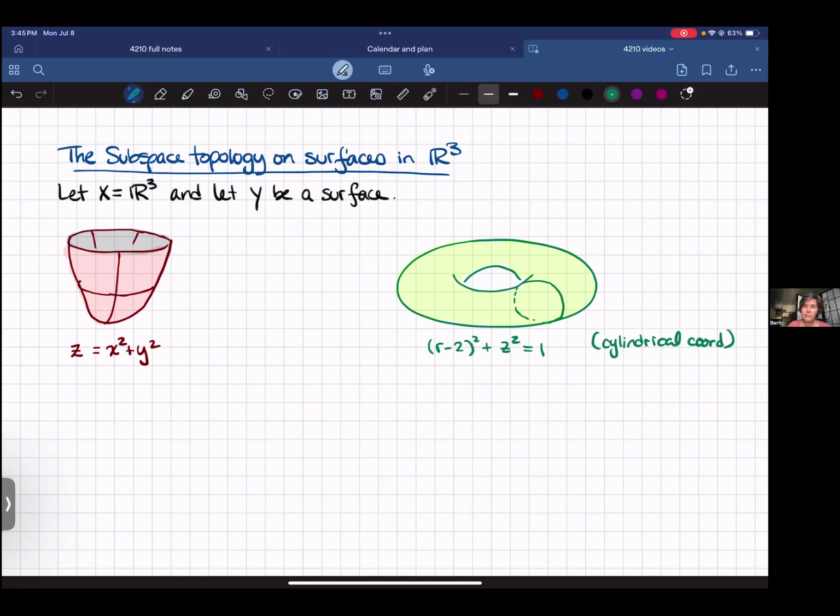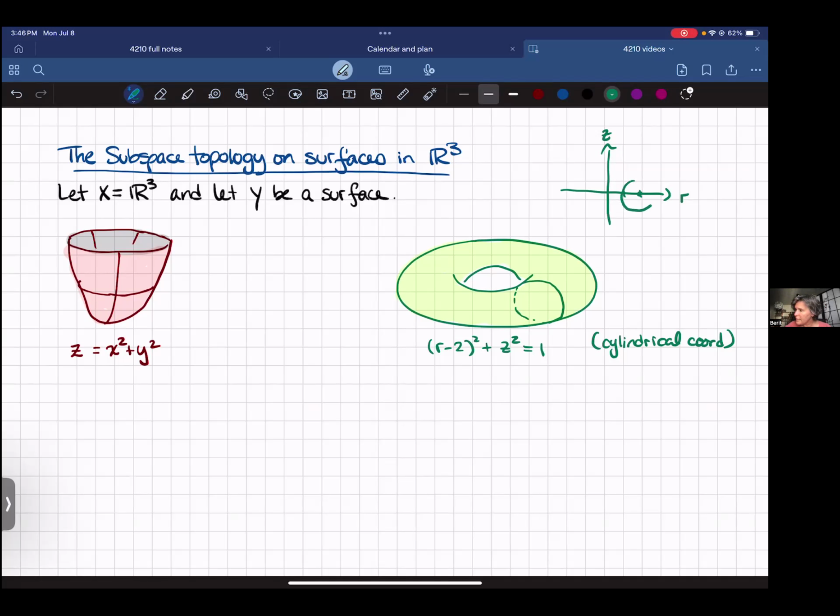Let's think about why that is an equation of this torus or donut that I have drawn here. If I think about the graph of (r minus 2) squared plus z squared equals 1 on just an RZ plane, this looks like the equation of a circle, centered at the point (2, 0) with radius 1.